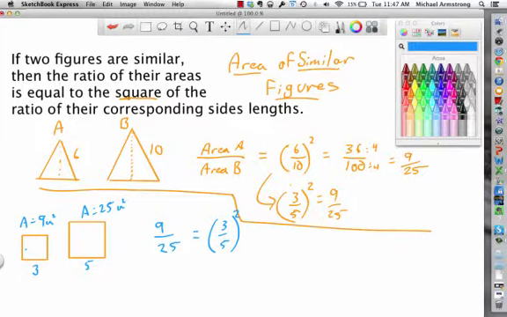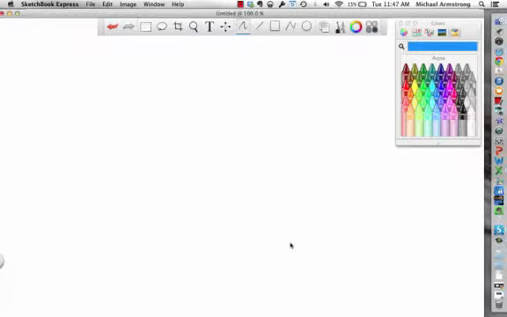Because it's the square of the ratio of corresponding side lengths. So we're finding our corresponding side lengths and squaring them, or taking them to the second power. Well, 3 squared is 9, and 5 squared is 25, and that's very simple. We can see that's true. Okay, so that's nice how that works, and you can just use that in real-life applications wherever you want.